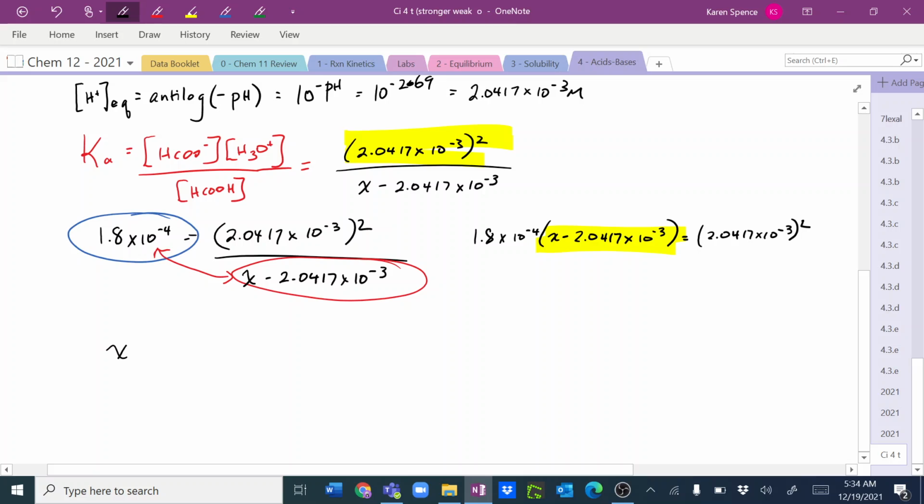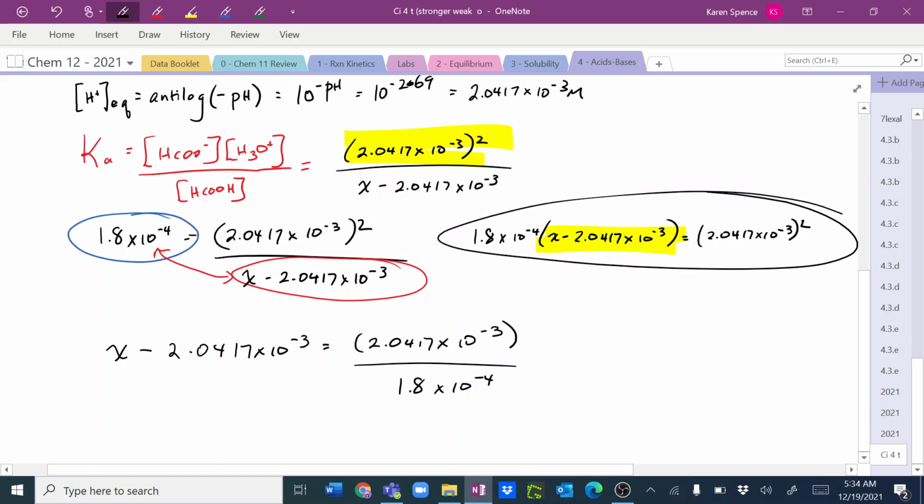So we end up with x minus 2.0417 times 10 to the minus 3 is equal to 2.0417 times 10 to the minus 3 over 1.8 times 10 to the minus 4. And you see how I didn't have to do some multiplying that I would have otherwise done if I had just left it at that.